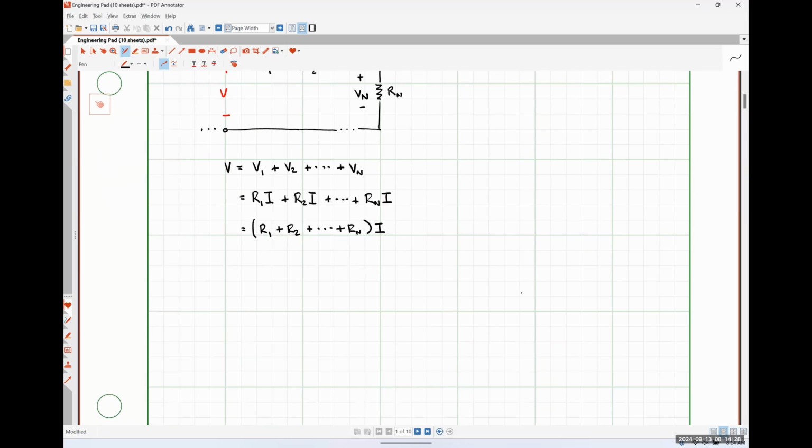Well, when we discussed Ohm's law Wednesday, we learned that the resistance seen between a pair of terminals, so this will be an equivalent resistance of this whole network, is simply the ratio of the voltage drop across the terminals of the network divided by the current flowing into the network.